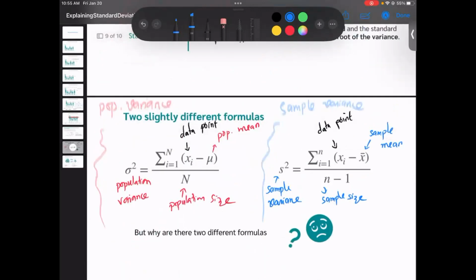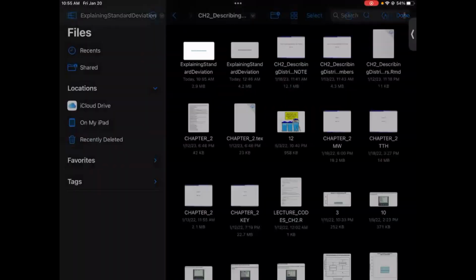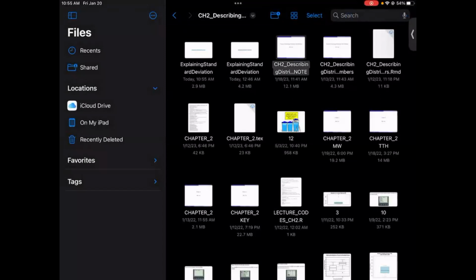So recap, what is the standard deviation? Yeah, how far each data point is from the mean, right? On average. Go back to our usual slides.